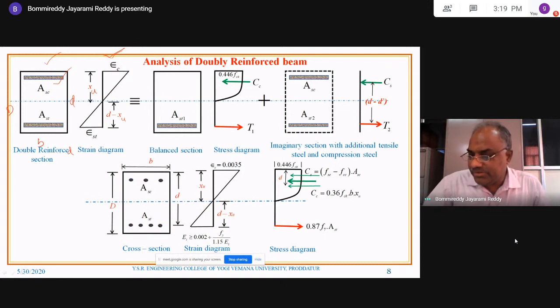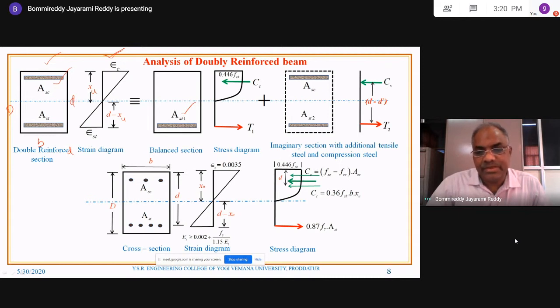Now this doubly reinforced beam is identically equal to the entire concrete, you can look at the entire concrete here, and AST1. Originally the steel provided in the tension phase is AST, but we are considering only AST1. What is AST1?